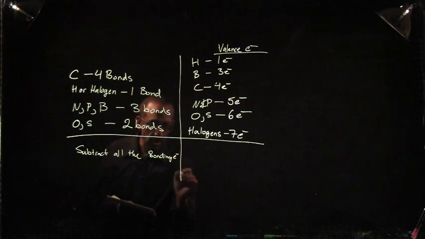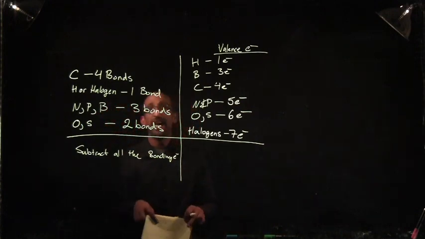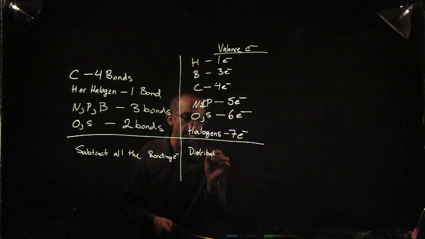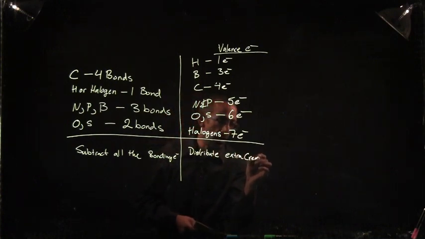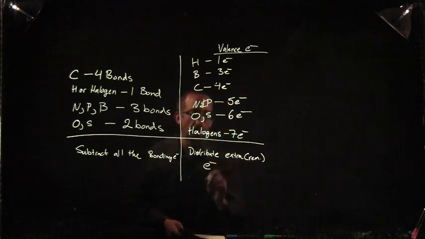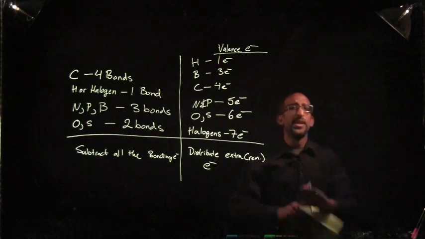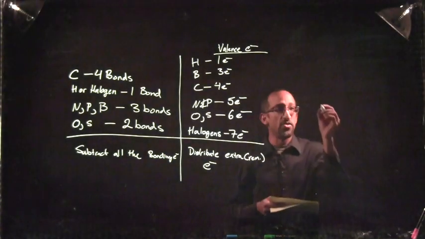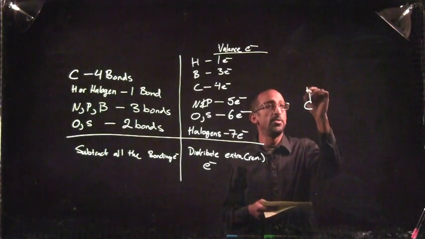So that's our third thing that we need to remember. And finally, the last thing we're going to need to keep in mind is distribute extra or remaining electrons, right? So these are the four things we're going to keep in mind. So let's see how we apply this. Let's take an example, and I'm just going to draw here a structural formula real quick.